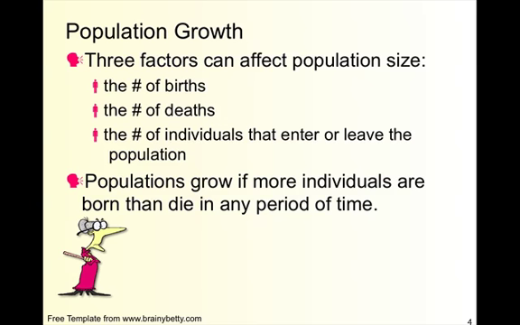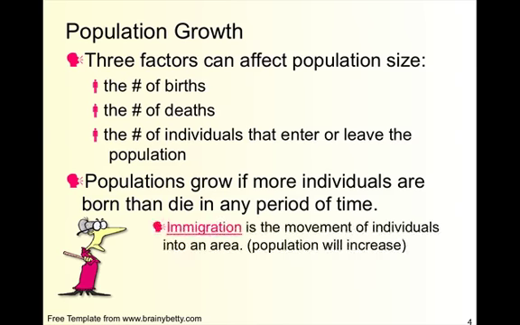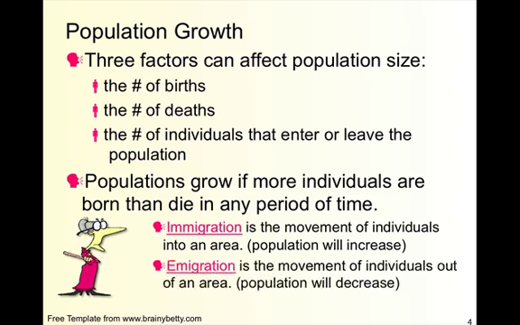Populations grow if more individuals are born than die in any given period. The term for individuals that enter a population is called immigration, and this will cause the population to increase. The term for individuals who leave an area is called emigration, and this causes the population to decrease.